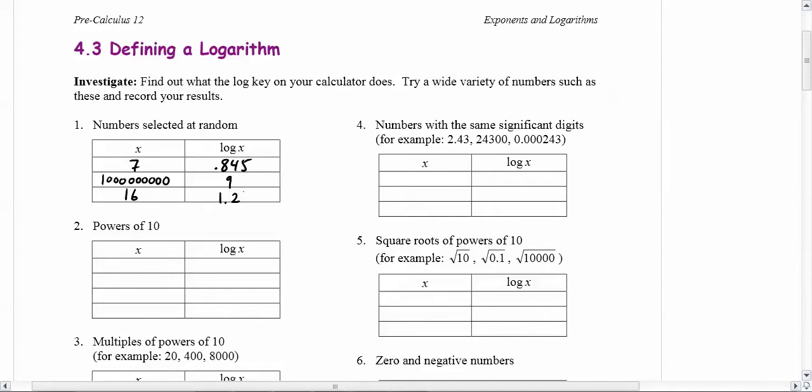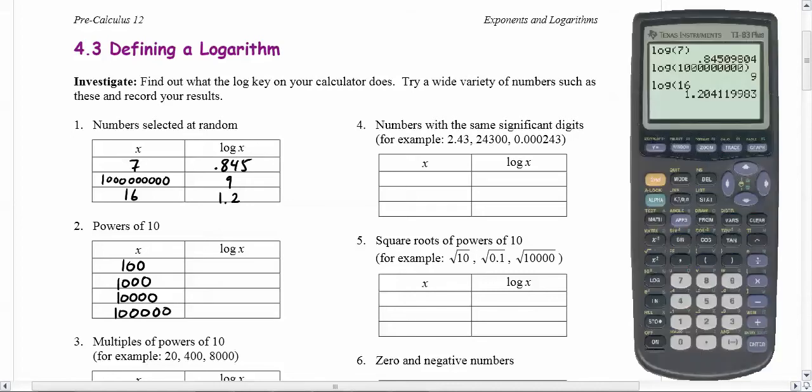Let's try some powers of 10, maybe 10 squared, 10 cubed, 10 to the power 4, and 10 to the power 5. See what happens when we take log of these numbers. Log of 100 is 2.